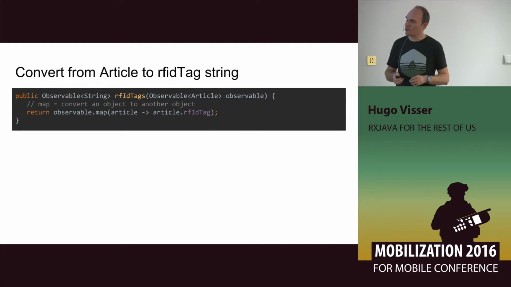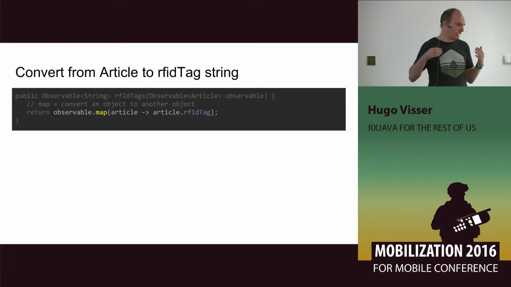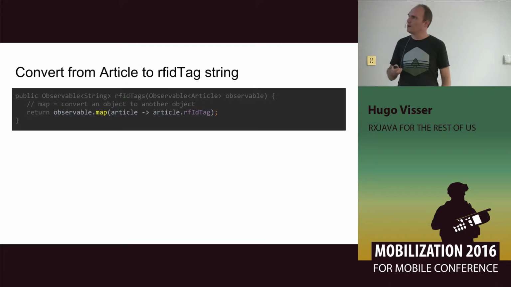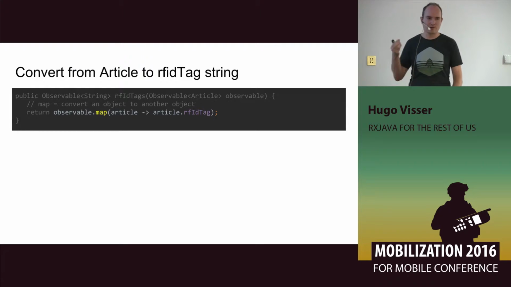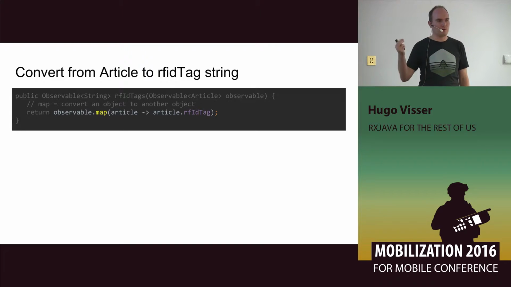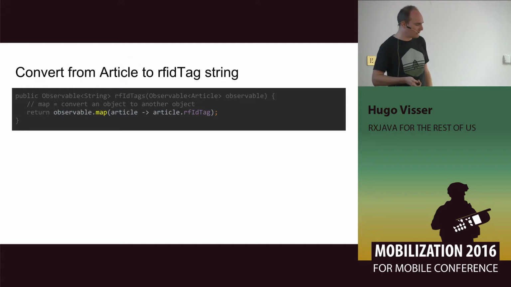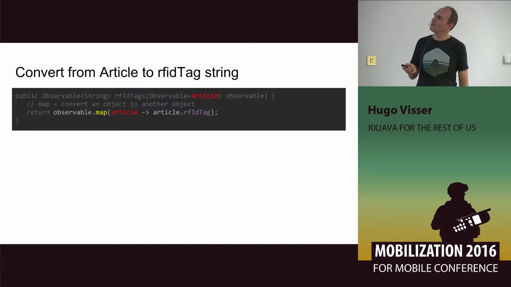So a very simple example, or a gentle step of using RxJava here, is that we need to convert an observable of articles back into an observable of their RFID tags. We want a stream of tags, basically. And well, we can apply a simple operator for that.